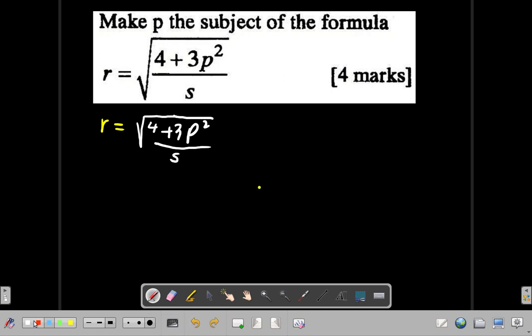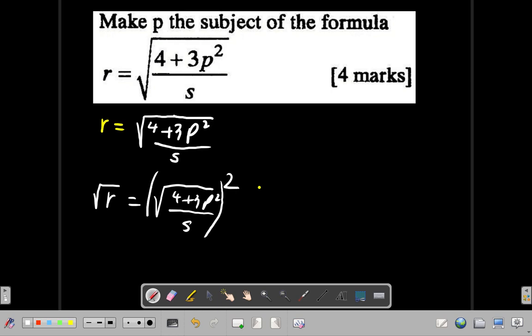let me use this color. The square root of r equals the square root of 4 plus 3p squared all divided by s, all of this squared.